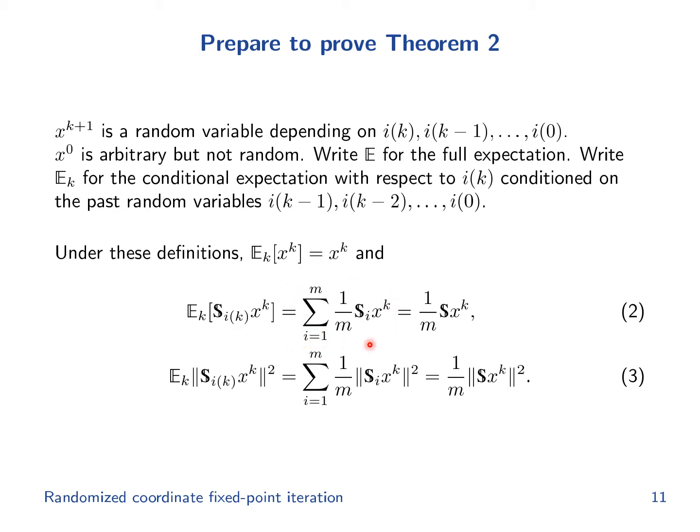So we have this summation. And then using the definition of S, we get this. Next is similar, except we now use the definition of the squared 2-norm. Again, the expectation is taken with respect to ik, so we have a summation over i, 1 over m, multiplying each possibility. And then using the definition of Si and the 2-norm squared, we get this.